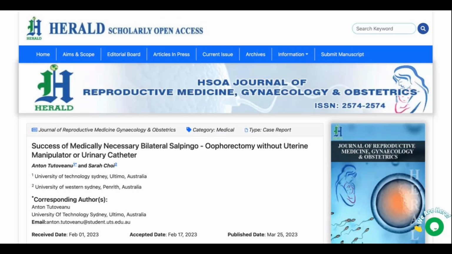The condition the patient presented with was heavy periods. The patient was transgender and takes testosterone, but was complaining about heavy painful periods. The testosterone was supposed to suppress the periods, but that wasn't the case here.